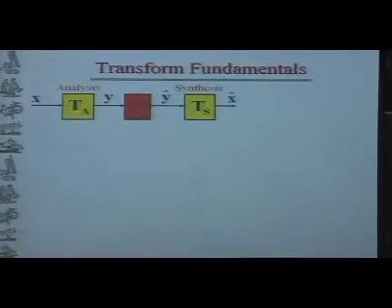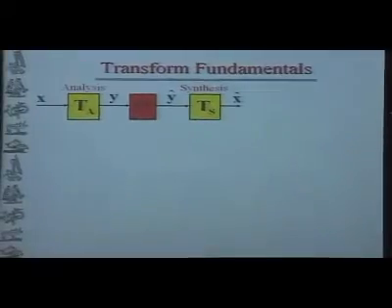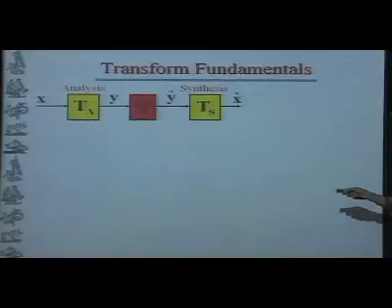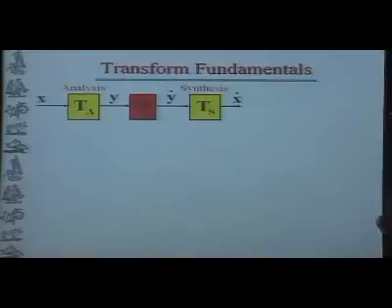So if you take a look at this problem from a matrix-vector viewpoint, it's actually pretty simple. You have x coming through an analysis transform, giving you y, coming through a quantizer. In this case, I'm lazy, so I combine my Q and my Q inverse together into one box.